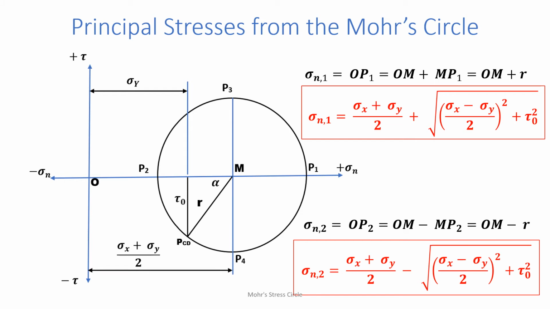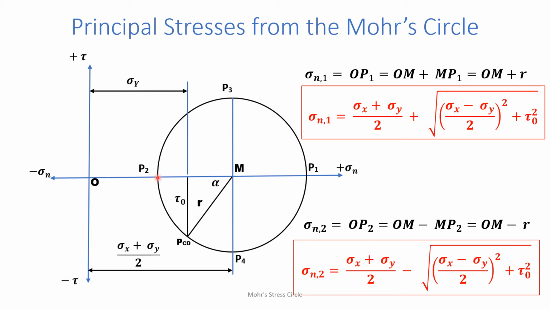Now, how to find out principal stresses from the Mohr's circle. On the Mohr circle boundary, we observe that there are 2 points, P1 and P2, for which the tau value is 0, the shear stress is 0. It means these 2 points represent principal planes.